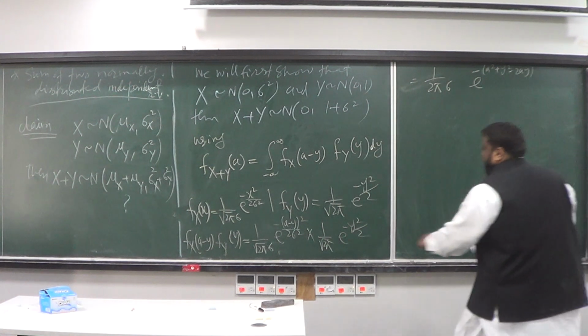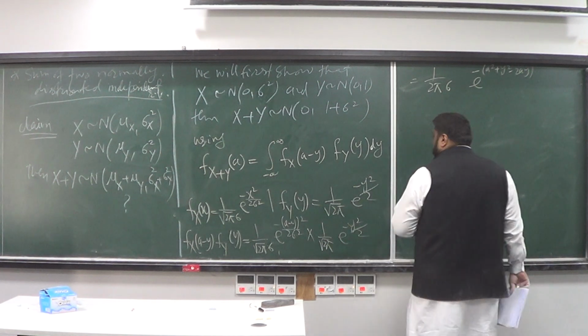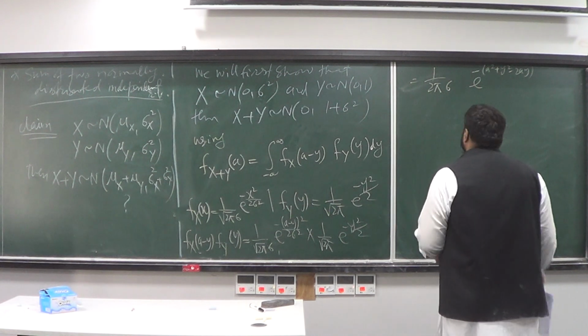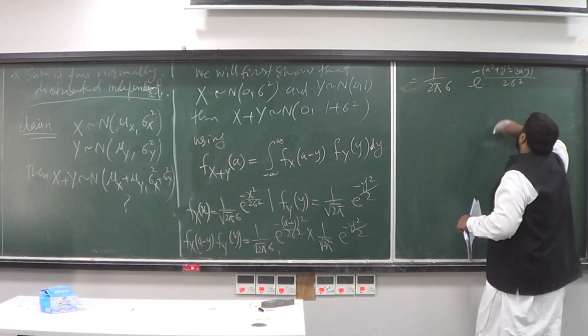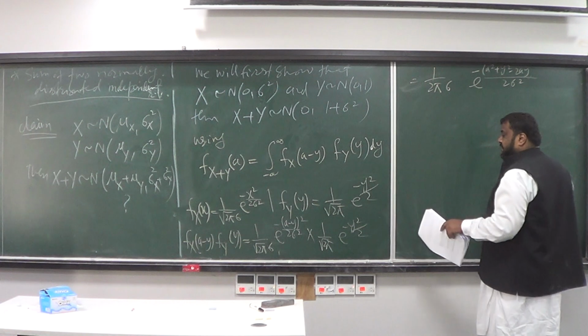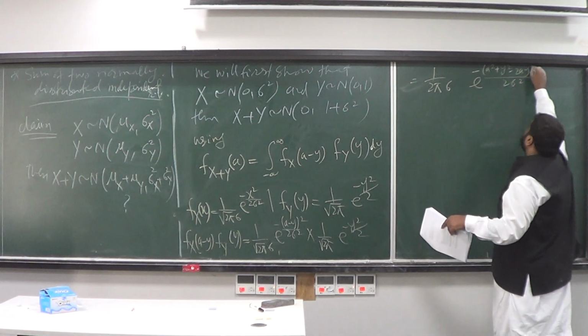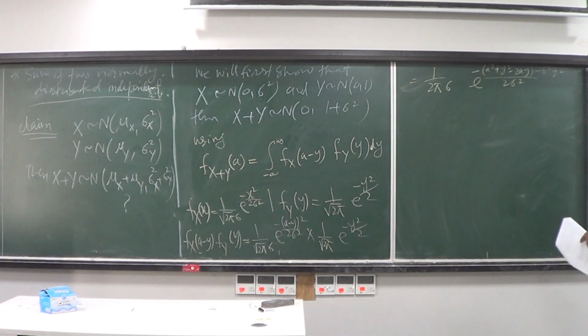The powers would be added, and then if you take the LCM, it becomes 2 sigma square times 2, 2 sigma square times, minus sigma square y square. This is what you can get.